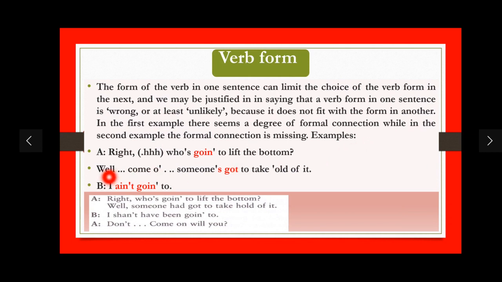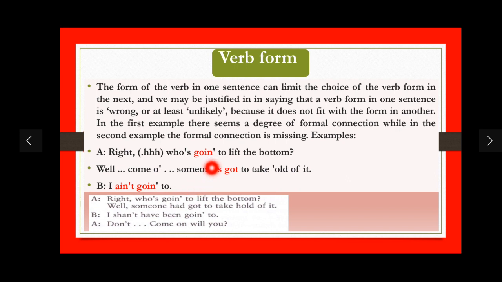Example first. A says, "Right, who's going to lift the bottom? Well, someone's got to take hold of it." B says, "I ain't going to." So you can see that the verb form in this example is consistent, right?